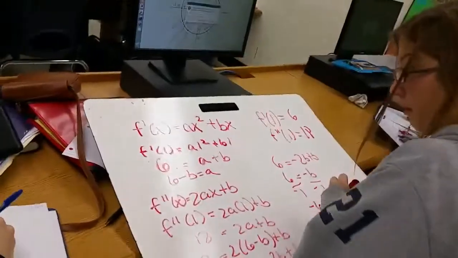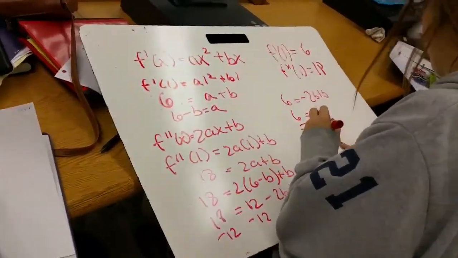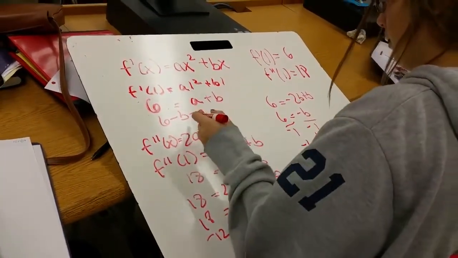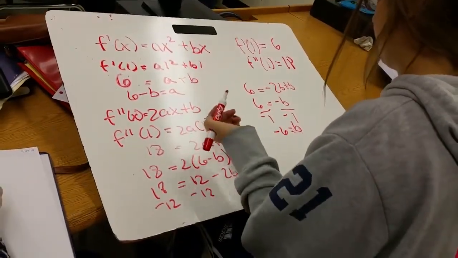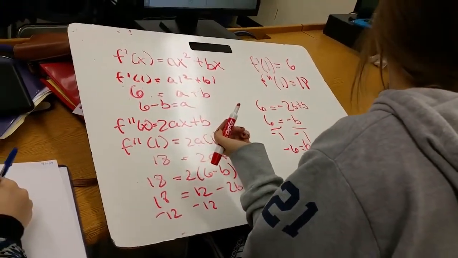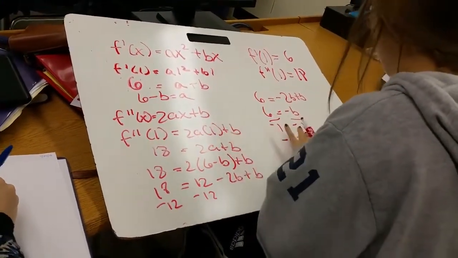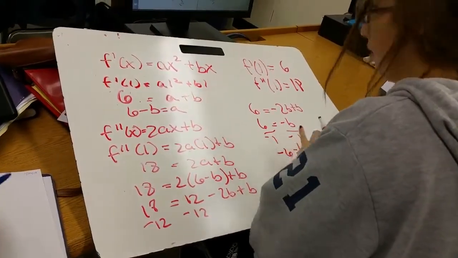Don't integrate, differentiate. And then just plug it in. Eventually we've got to just figure out a and b. Is that the goal of the problem, to find A and B? Yeah.